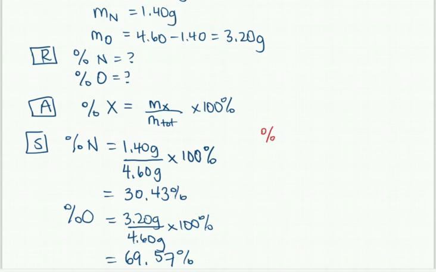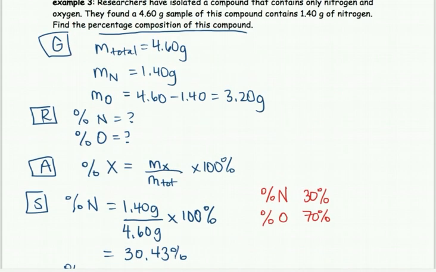So in this case here, we have 30%, so I'm just rounding it up, of nitrogen that was found, and for oxygen it was rounding up here 70%. Okay, so of the 4.6 gram total sample here at the top, you found that 30% of that mass is nitrogen and 70% of that mass is oxygen.